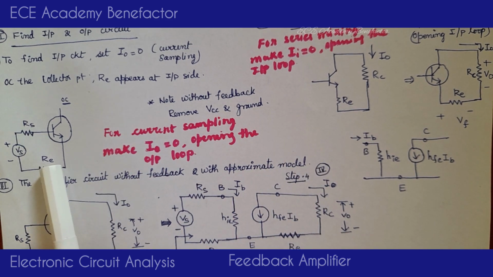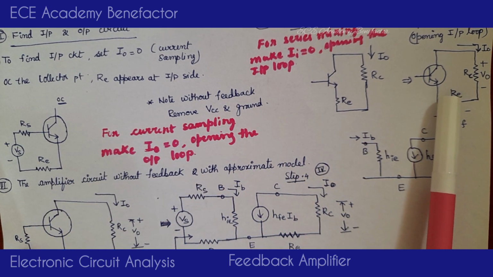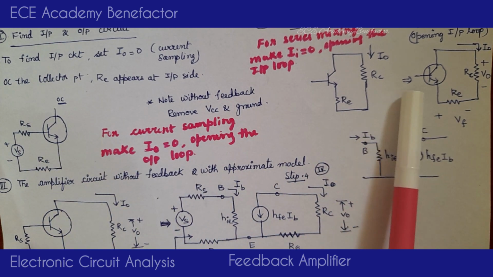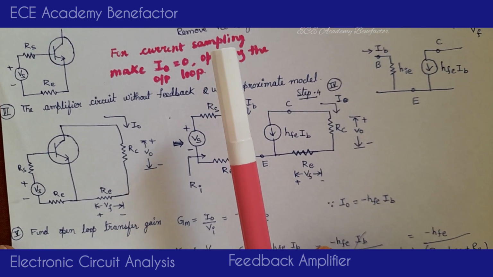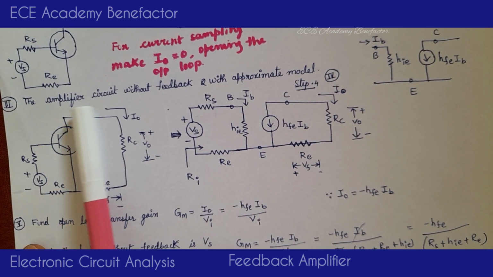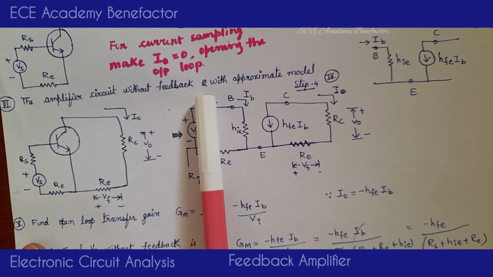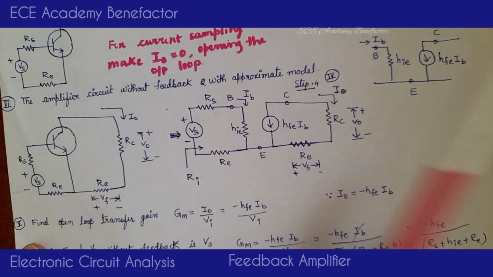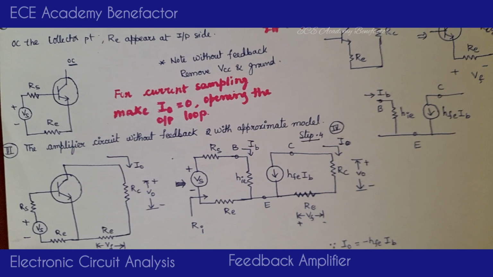So now we have the input circuit and output circuit. Now we need to club these two. The third step is to draw the amplifier circuit without feedback with the approximate model. So we have clubbed these two diagrams.